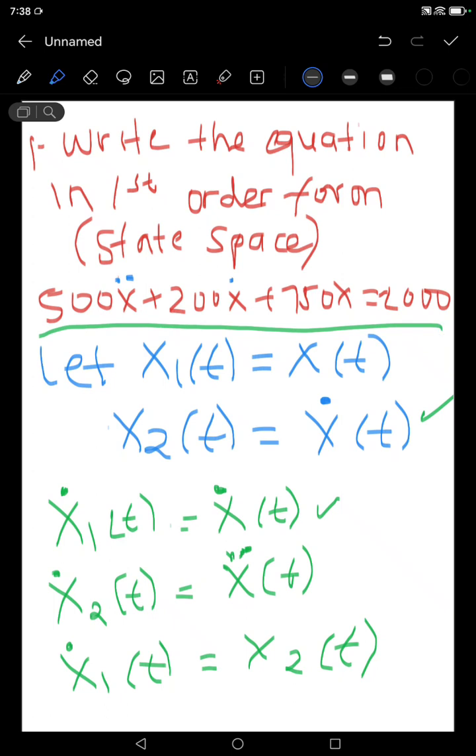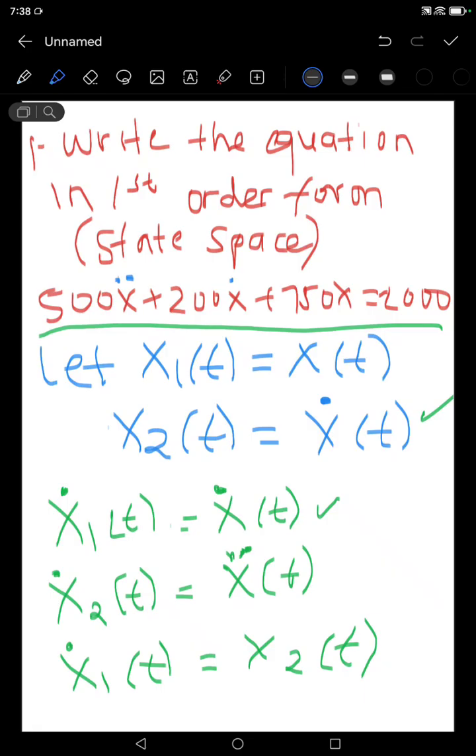So wherever there's x double dot, we're going to substitute x2 dot, and wherever there's x dot, we're going to substitute with x2, and wherever there's x, we're going to substitute with x1, so that we can write our equation in a matrix form. And then after writing our equation in a matrix form, we're going to use the Runge-Kutta method. Okay, now let's move forward.